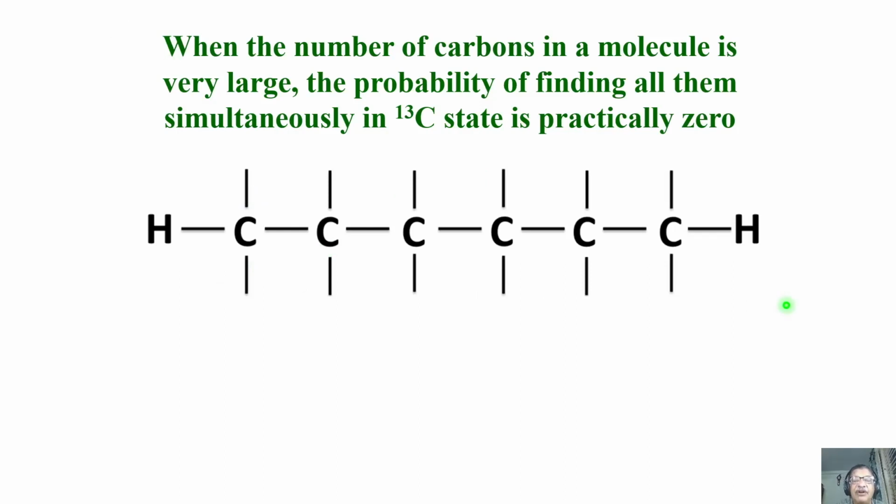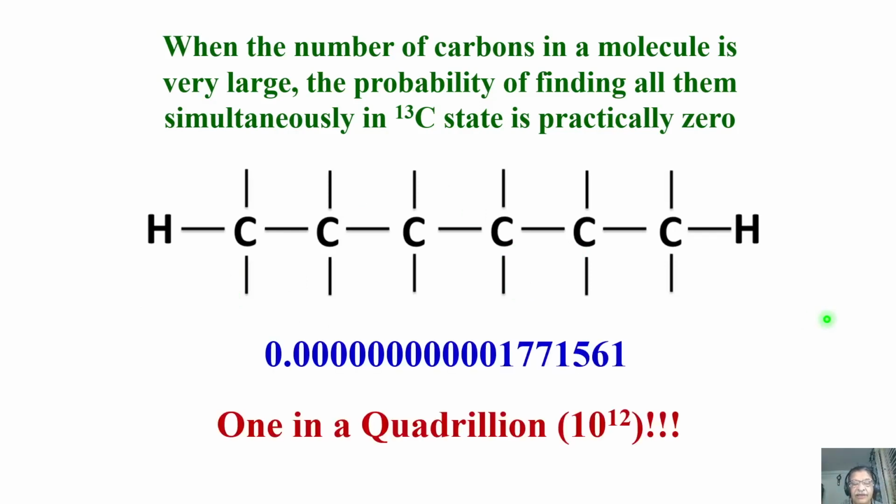What is the probability of finding all the carbons in the carbon 13 state? Each of them is 1 in 100. The joint probability of seeing them is a product of all these, so it turns out to be 1 in 10 to the power of 12. It is 1 in a quadrillion.